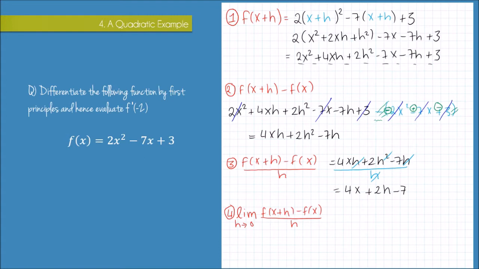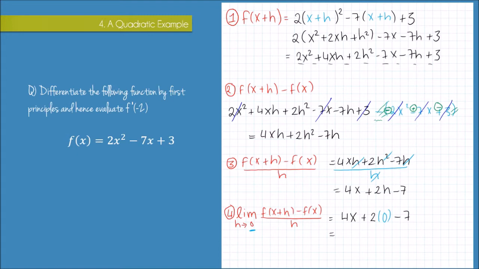It just means that wherever we see h, we're going to sub in 0. So we take our result from step 3, 4x plus 2. Okay, now we have an h, so instead of h, we sub in 0 and minus 7 at the end.